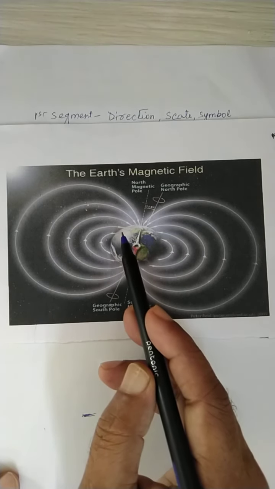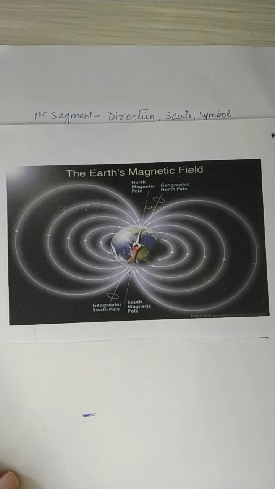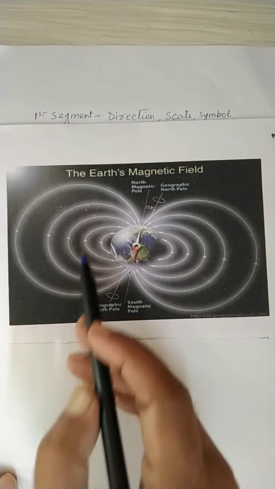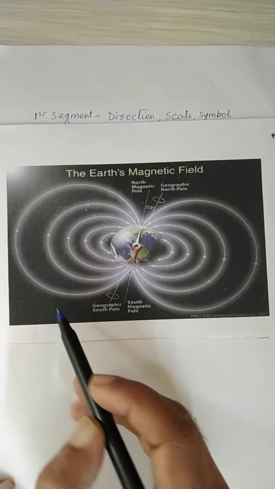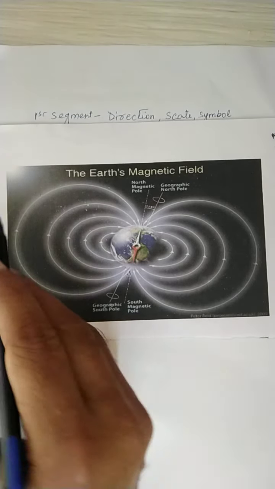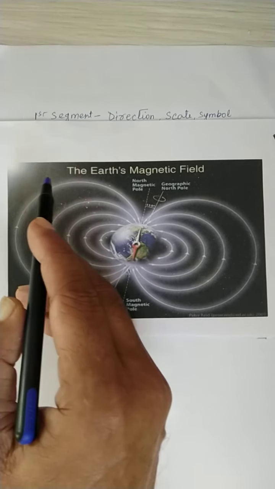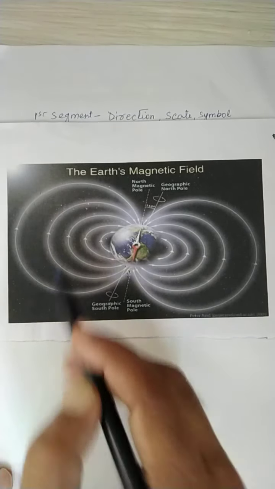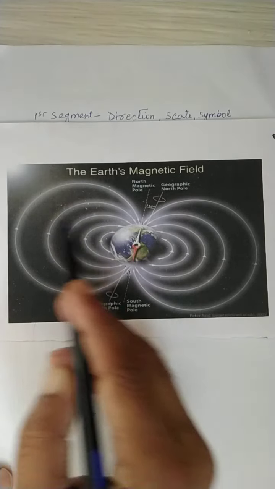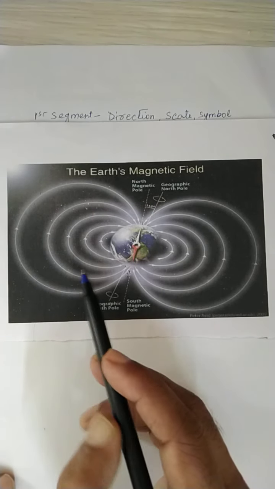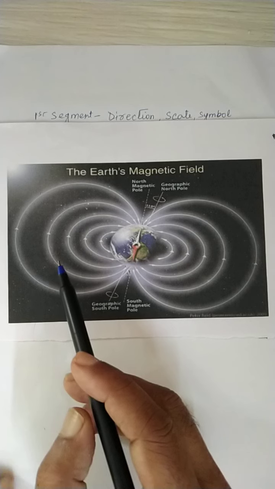So it also protects the ozone layer. The Earth's magnetic field serves to deflect most of the solar wind, whose charged particles would otherwise strip away the ozone layer that protects the Earth from harmful ultraviolet rays.